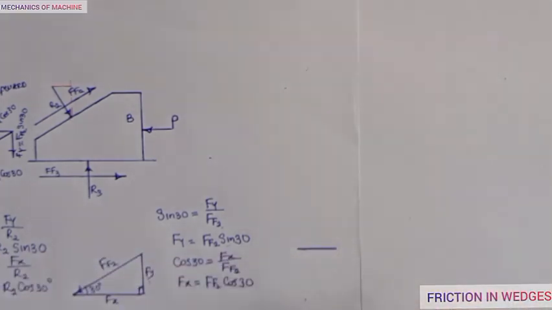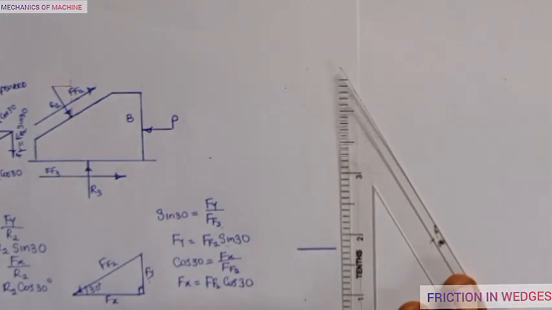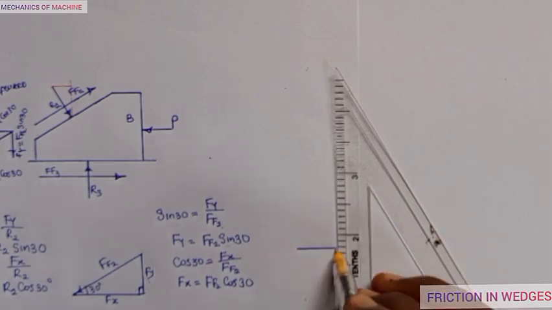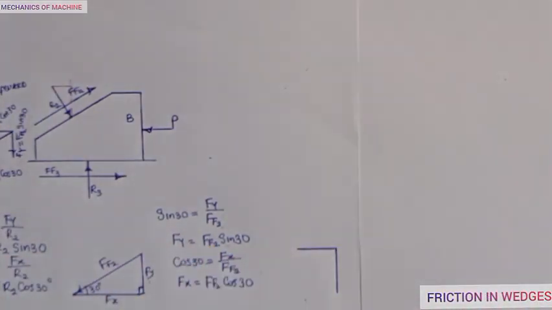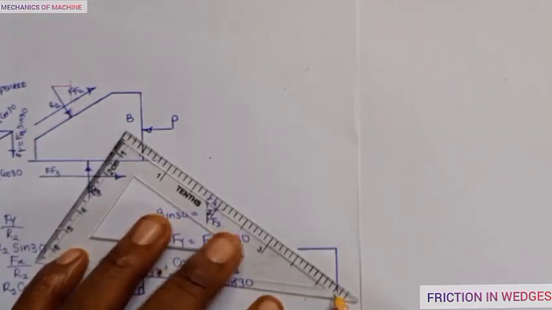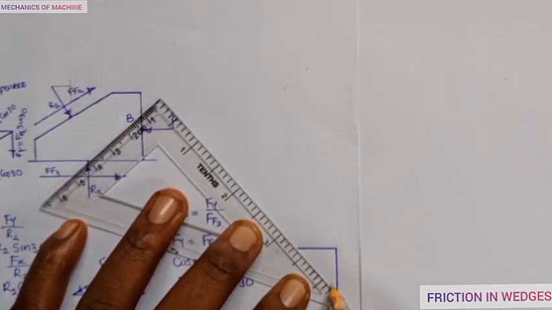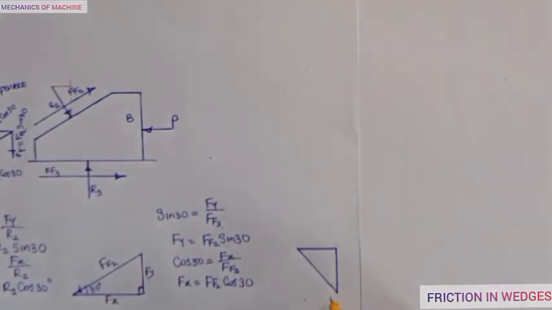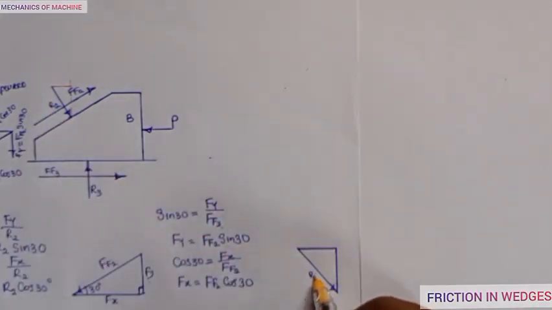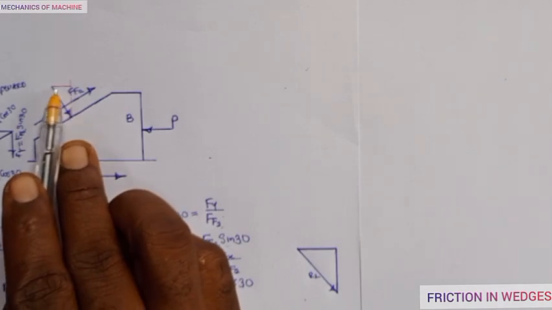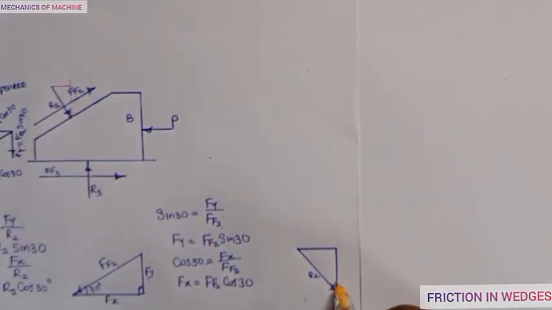Then I have a vertical line coming down this way, and an inclined line connecting to this point, and this is where the arrow is. That arrow is my arrow 2. Then this is the angle 30, right? This angle between these forces is 30.